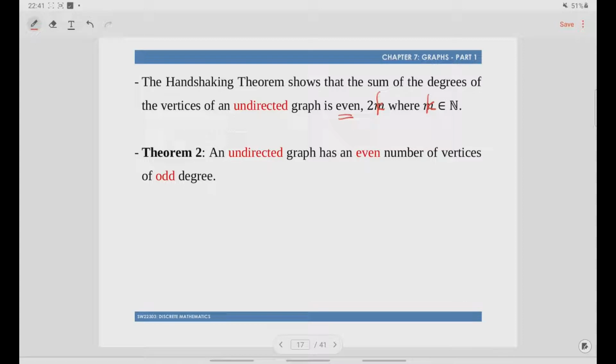An undirected graph has an even number of vertices of odd degree. It is always even because it is equal to 2k, where k can be any natural number. You can replace k with any natural number. It is always even, doesn't matter if k is odd. No problem, it is always even.